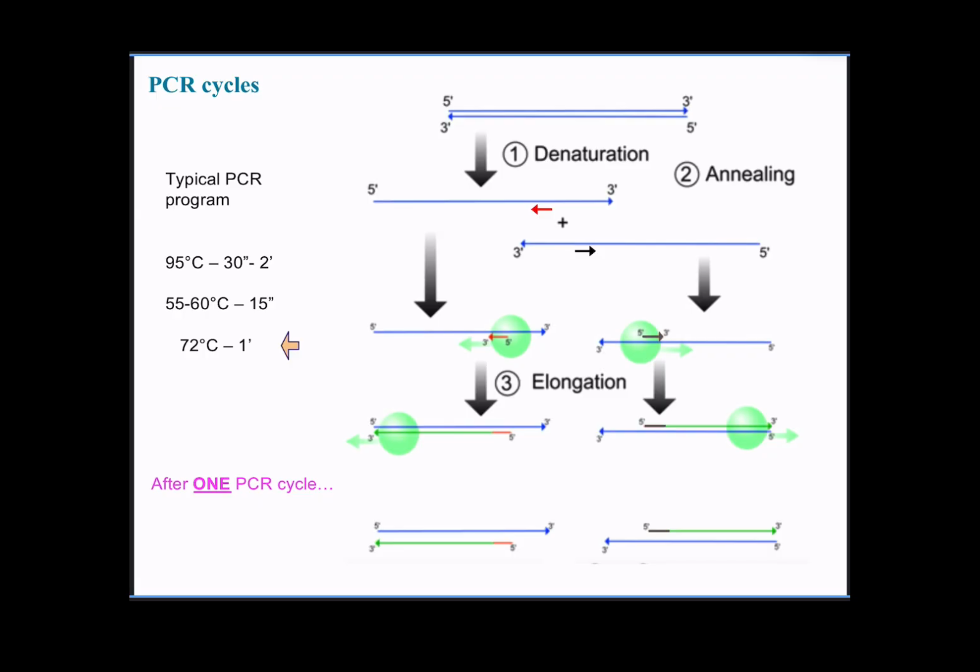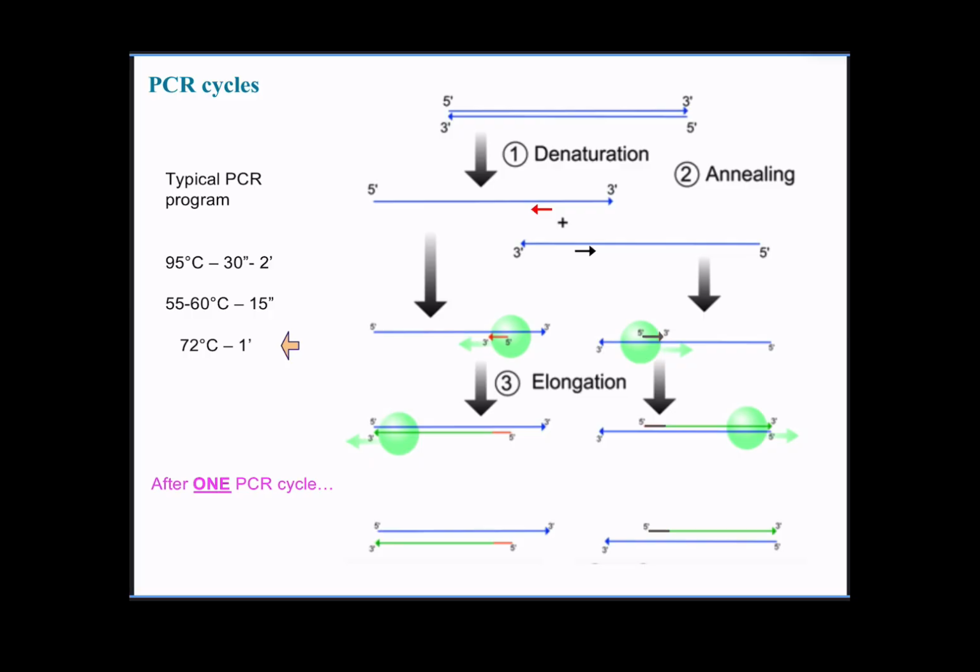So by the time that we raise the temperature to 72, it's no longer a 15 or 20 nucleotide primer bound to DNA. It's the primer plus anything else Taq polymerase made during those 14 seconds. Let's say, for argument's sake, 100 more nucleotides. So now we have a molecule that is 120 nucleotides long bound to DNA.